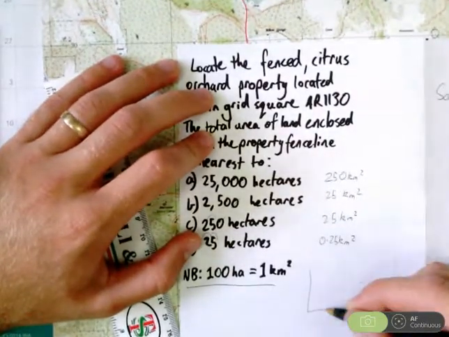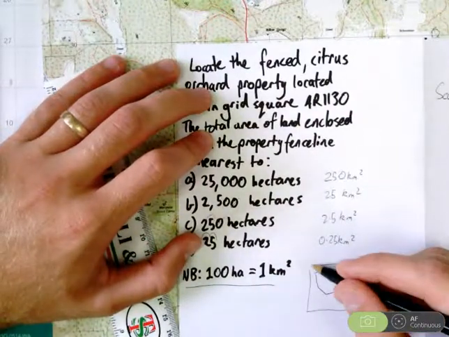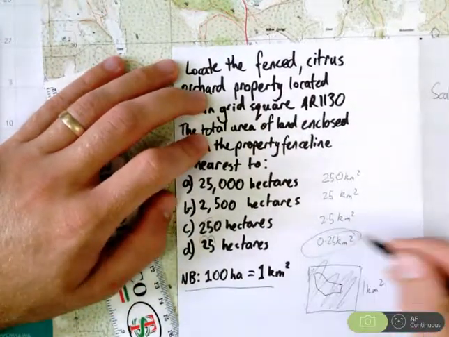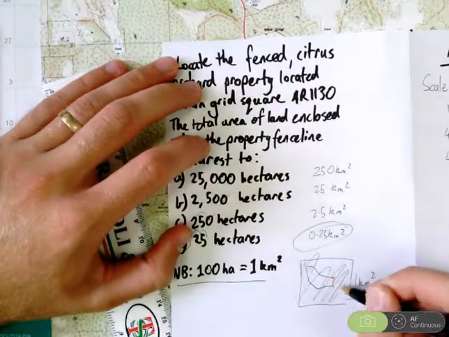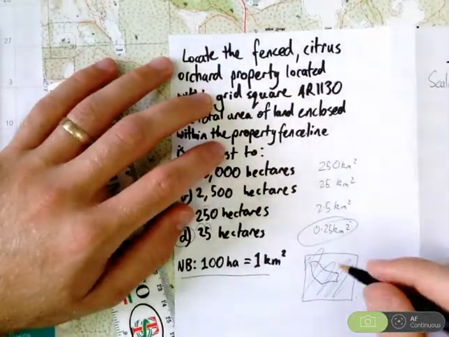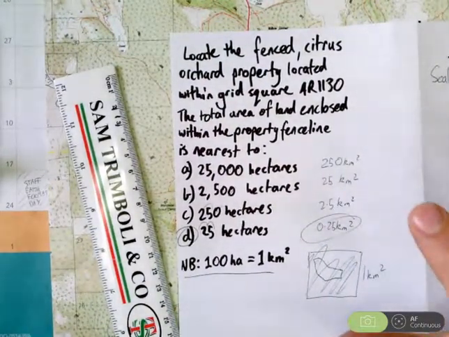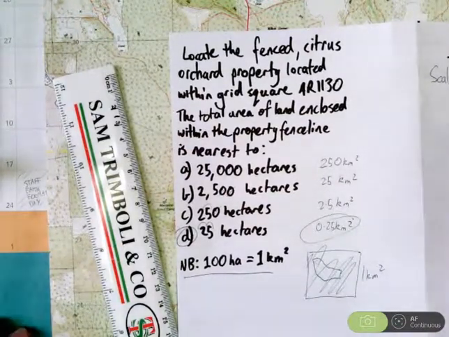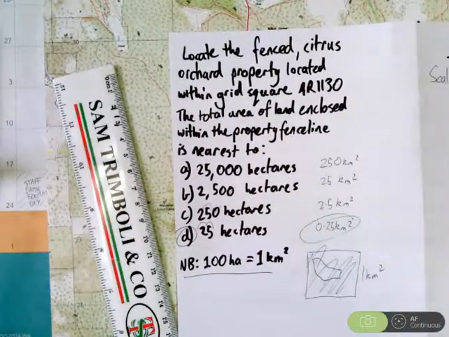The big square with the orchard is inside it, so we know that it has to be D. Easy as that. Without calculating what the area could be specifically, we know automatically that it's D. This is a stage 2 semester 2 exam question, and this is what I mean by multiple choice: a lot of the times you can figure out the answer without doing it exactly, especially when it comes to area.